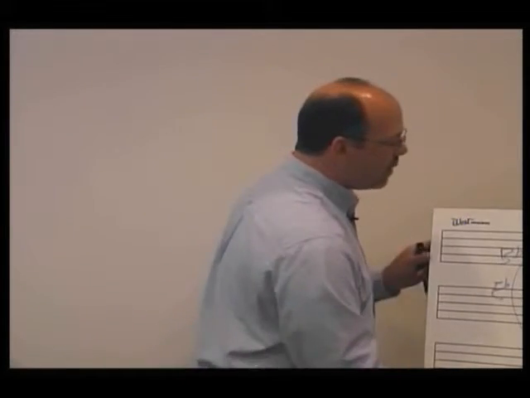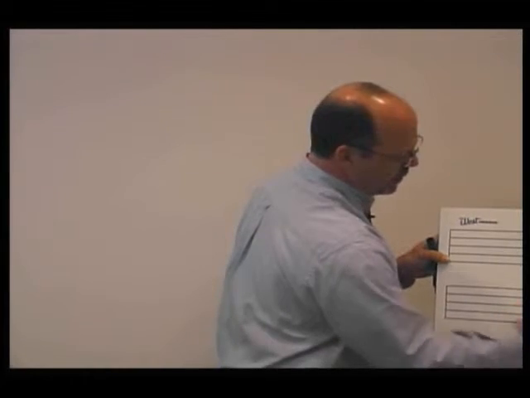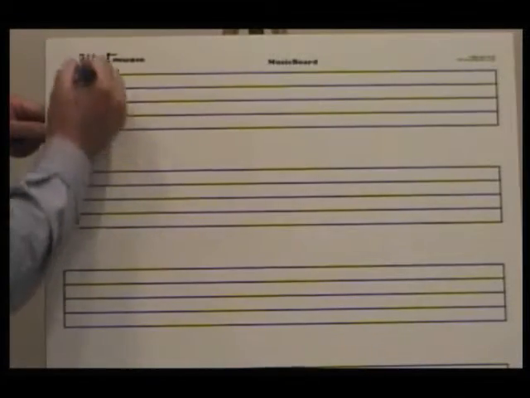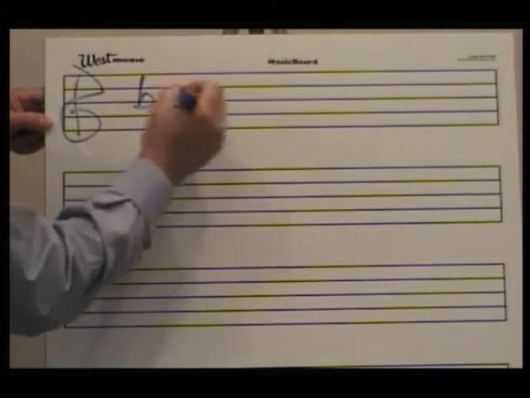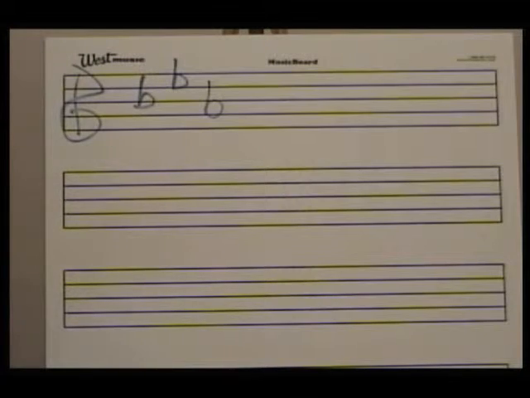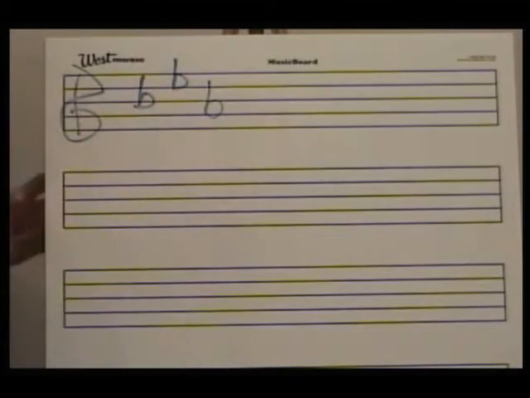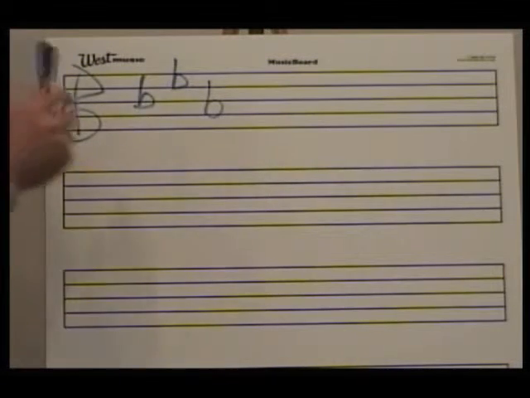For instance, if you see a key that has 3 flats, you can either use the next to last flat to name the key, or you can look at your circle of fifths to know that that is the key of E flat, or you can use your circle of fifths to find the relative minor key, which is C minor.